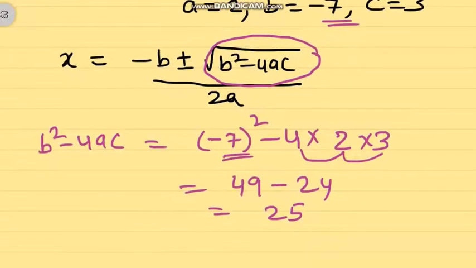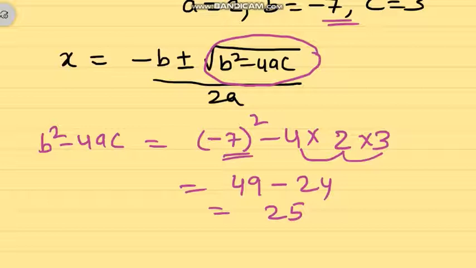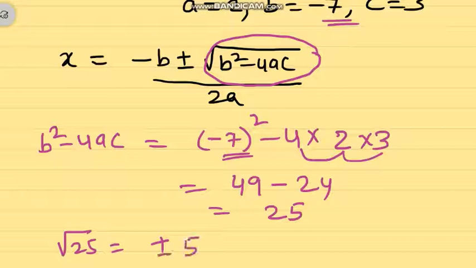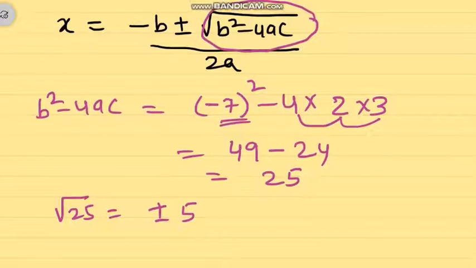Now see what you will get. Root 25 will be equal to plus or minus 5. So that means we will have two real roots in this case, because this is greater than 0. Now let us see how you can find the value of x.